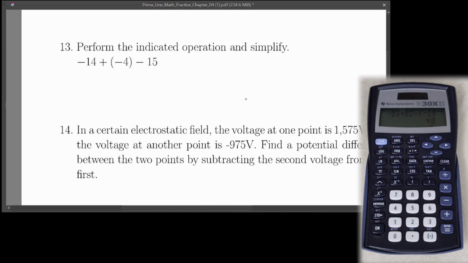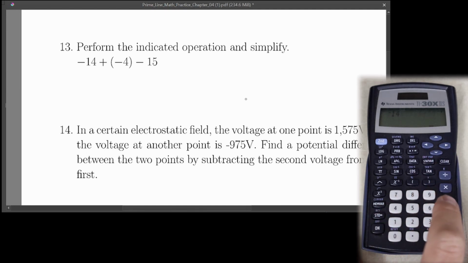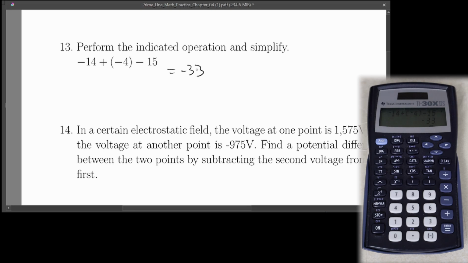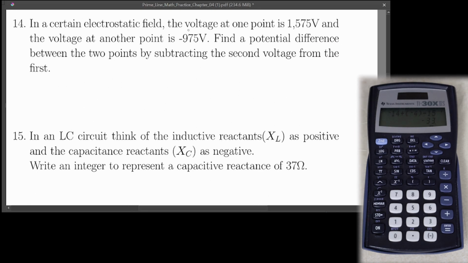On this one, we're going to take negative 14 plus a negative 4 minus 15, and we'll get a grand total of negative 33.